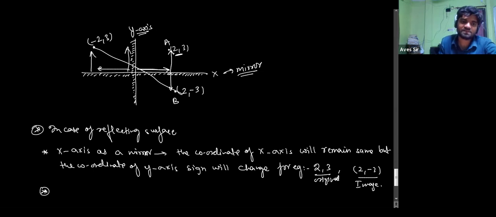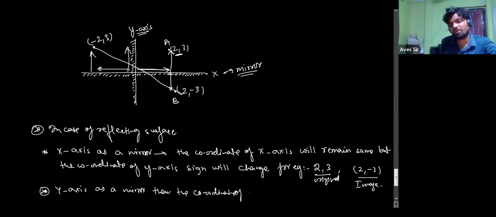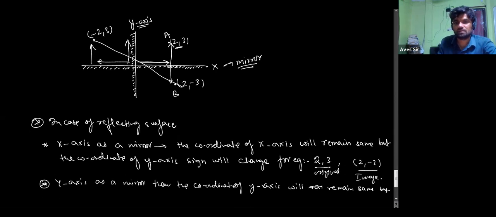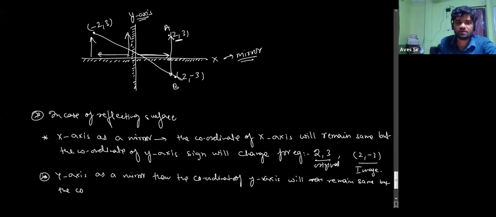In a similar way, if I'm considering the y-axis as a mirror, then the y-coordinate will remain the same, but the sign of the x-coordinate will change.